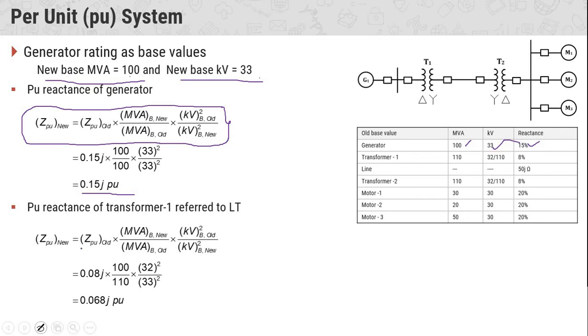Now Z_PU new is equal to Z_PU old into MVA new upon MVA old into kV old square upon kV new square.